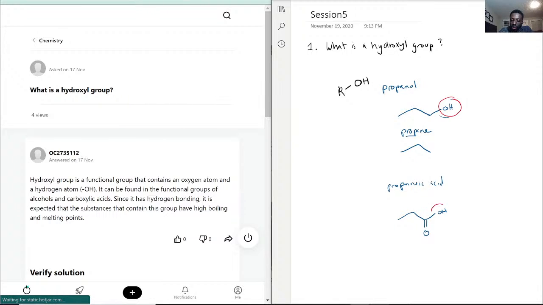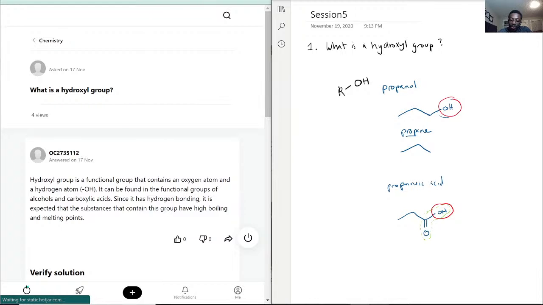So this is still your hydroxyl group, and it's called an acid because it's reacting over here to form a resonance structure there. So that would be your example, propanoic acid.